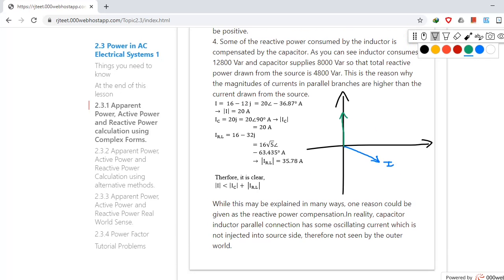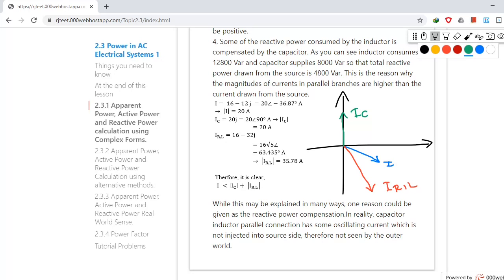Right, and now the current through the resistive inductive branch is going to be again a negative angle with 35 something, right? This is what we are talking about. This is IR, IL, so it's a series combination, and in this case this is IC, right?